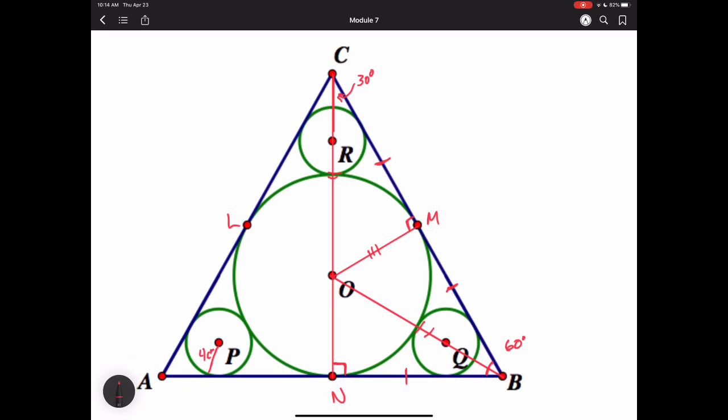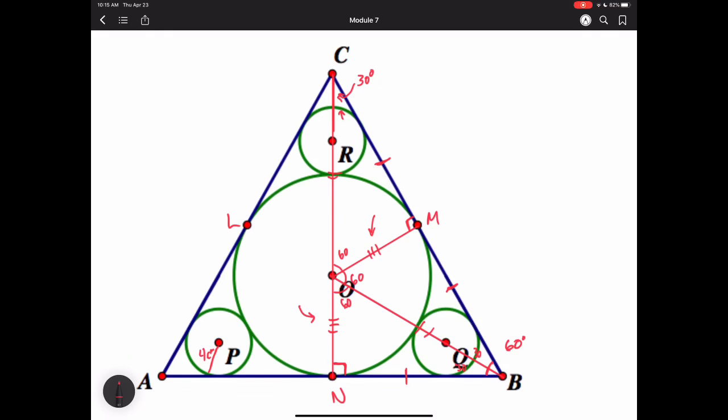Then the last thing is, I saw that OM was congruent to itself, but OM is a radius of circle O. Guess what else is a radius of circle O? ON, okay? So that is congruent there as well. So we've got some interesting facts about these triangles, where this angle is 30, this is 30, this angle up here is 30, and then this is 60 degrees, 60 degrees, and 60 degrees. So we have three congruent triangles, which is really interesting for us.